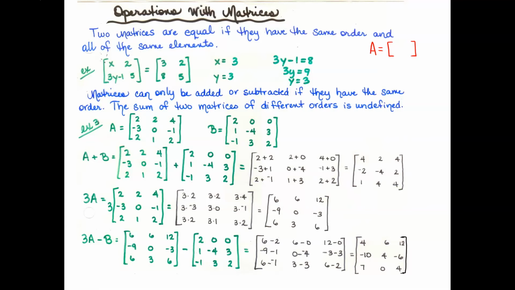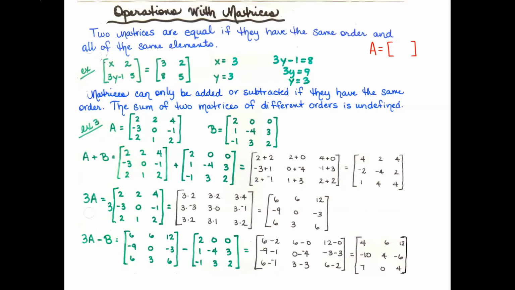Now, most of the time when they give you a matrix, they're going to use a capital letter for the matrix, and they're going to use brackets around it to designate that it's a matrix. So when I see something like what we've got down here in example 3, where we've got the capital A and the brackets on it, we'll automatically know that that's a matrix.